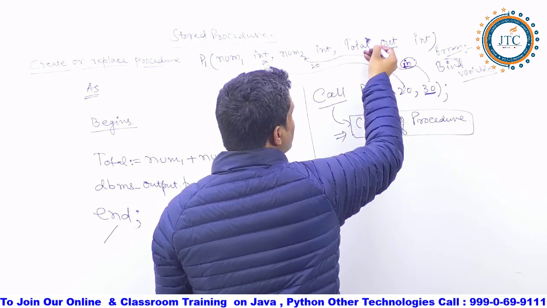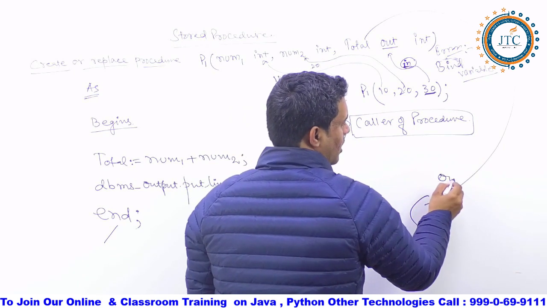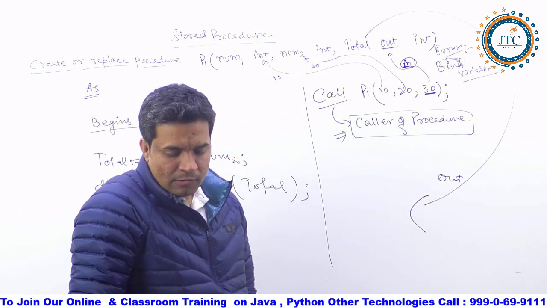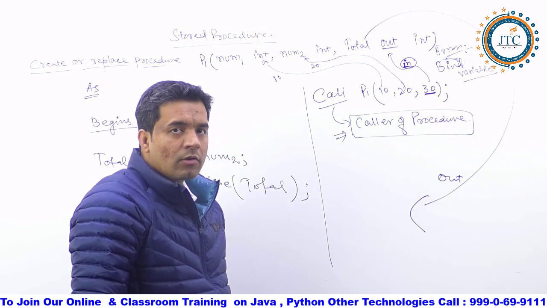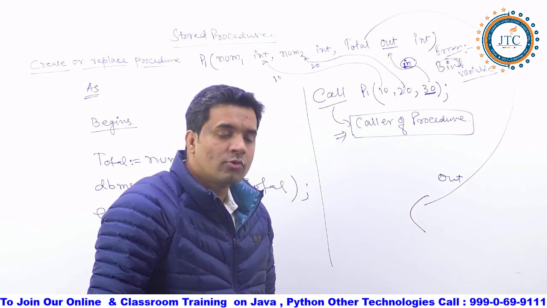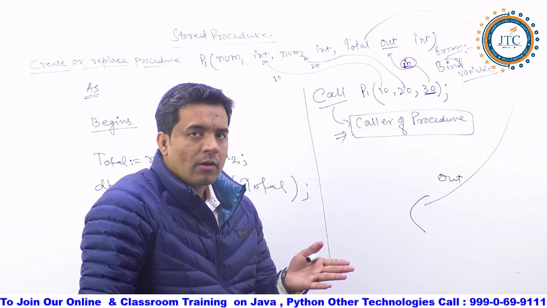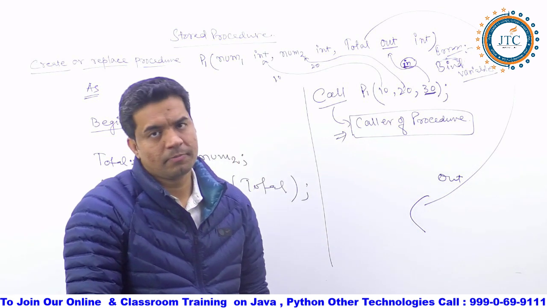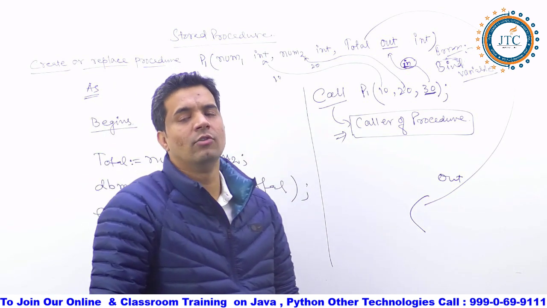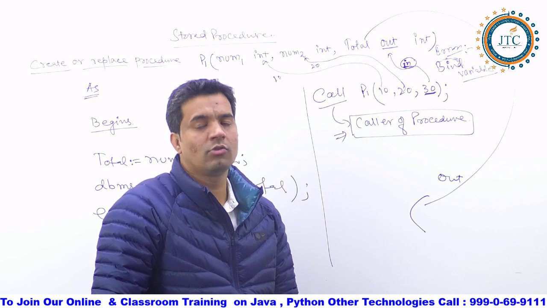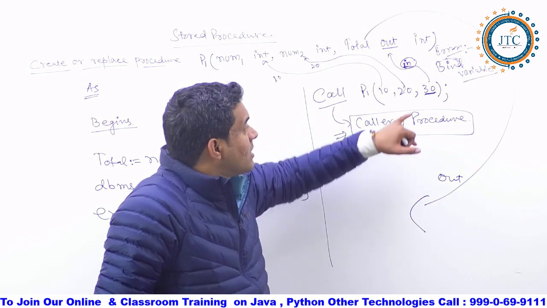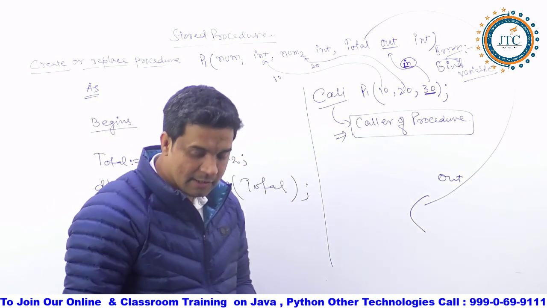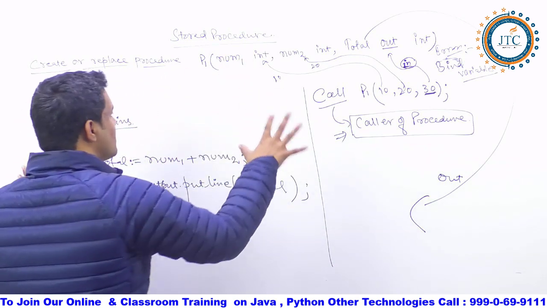The value is coming out, which means the out parameter is used to pass the value from the procedure to the caller of the procedure. So it cannot receive any. I will show you later on what you have to do exactly, but I hope you are clear with these syntaxes.